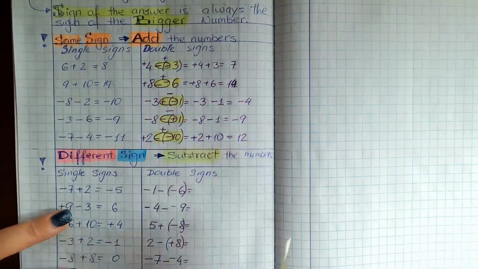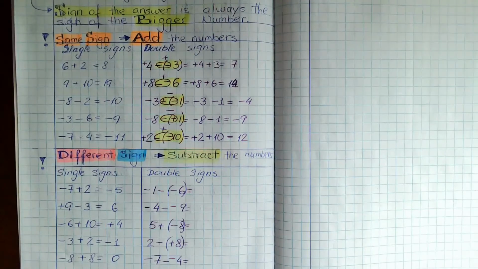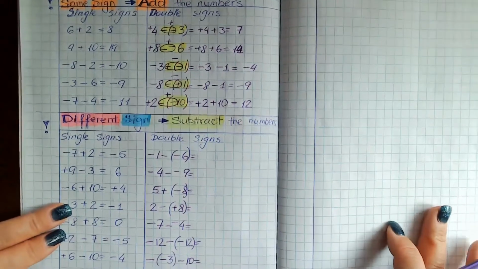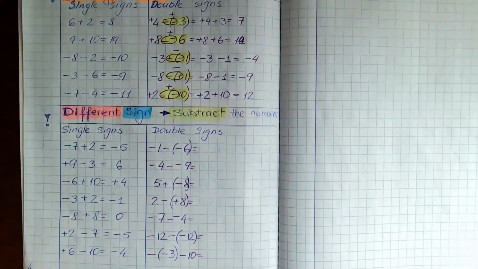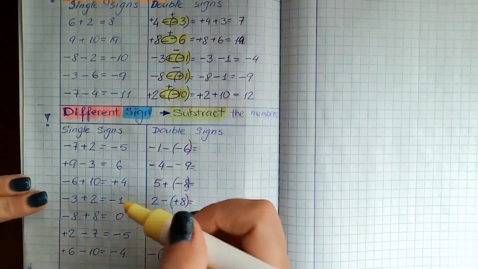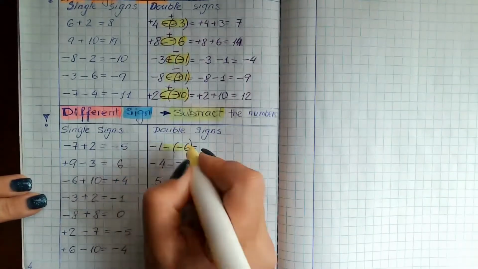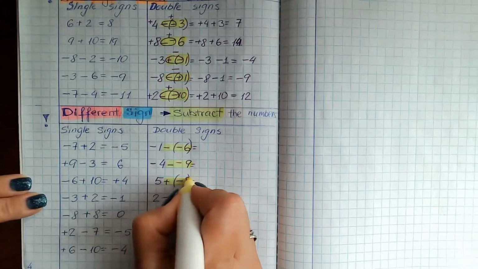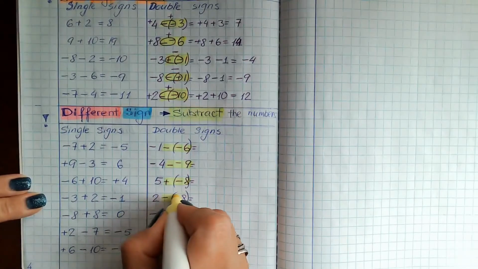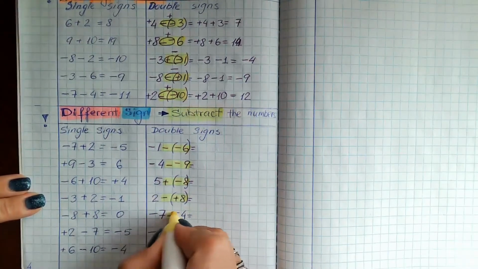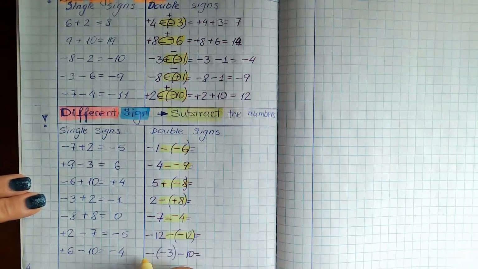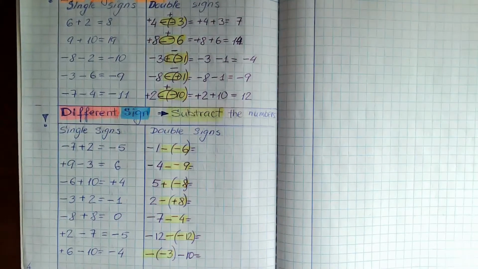What if examples have double signs? Let's see how to change that to single. So our examples, we have minus minus 6, minus minus 9, plus negative 8, minus positive 8, minus minus 4, minus minus 12, and minus minus 3.